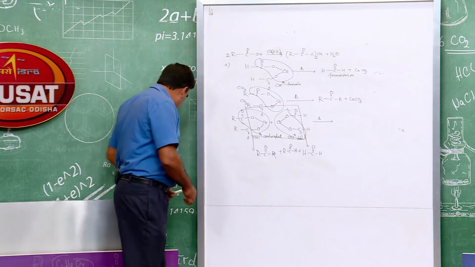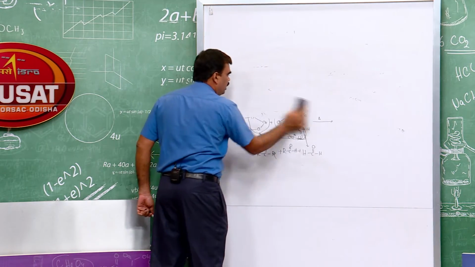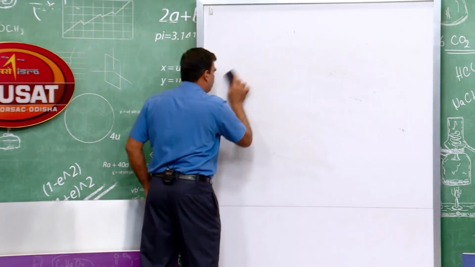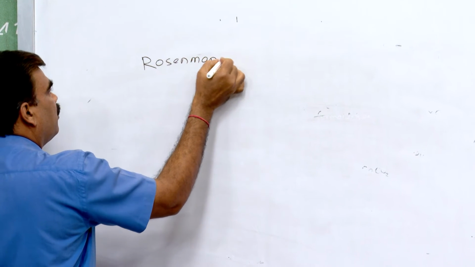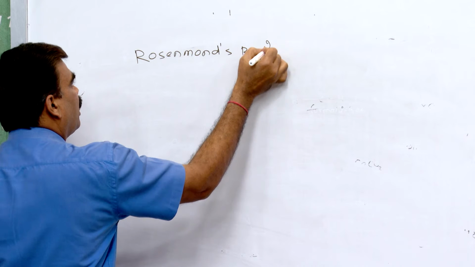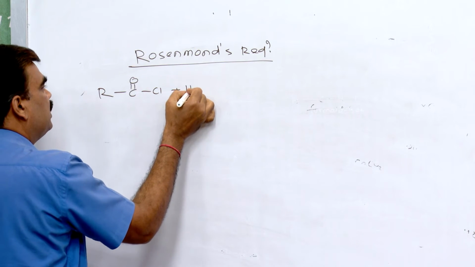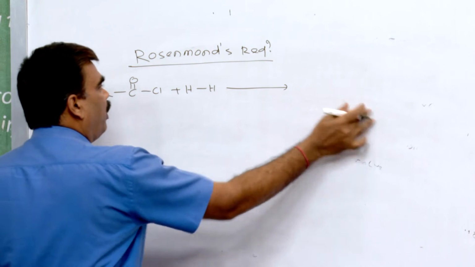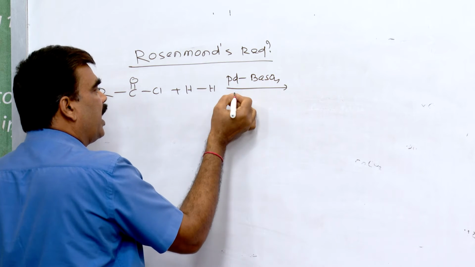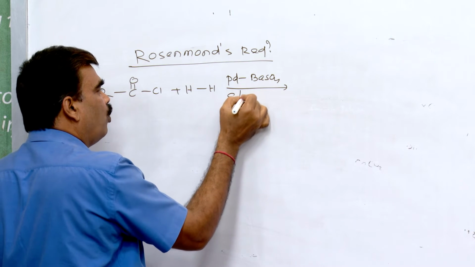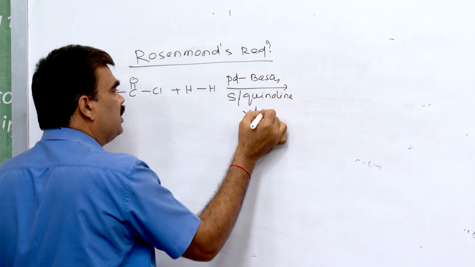Okay. Next one, another important reaction, is Rosenmund's reduction. Very, very important. In this reduction, acid chlorides undergo partial reduction in presence of palladium supported over barium sulfate, very important, deactivated or poisoned by sulfur or quinoline, in xylene medium.